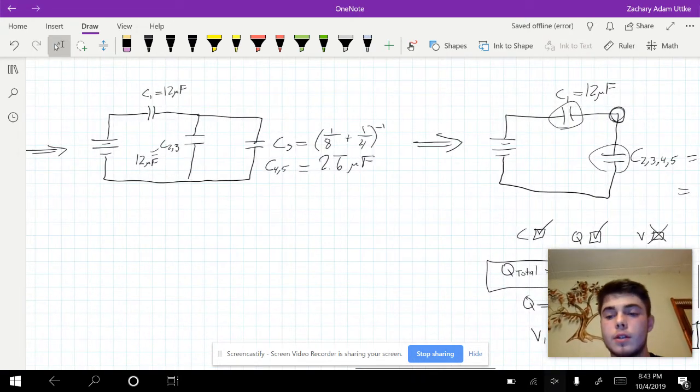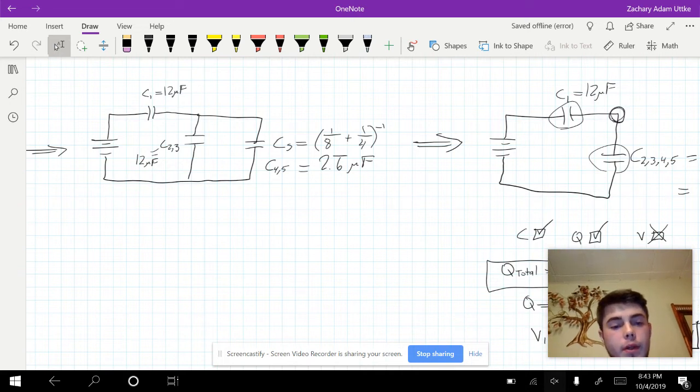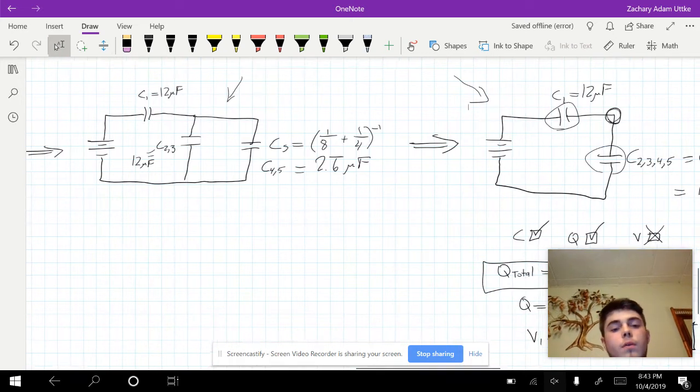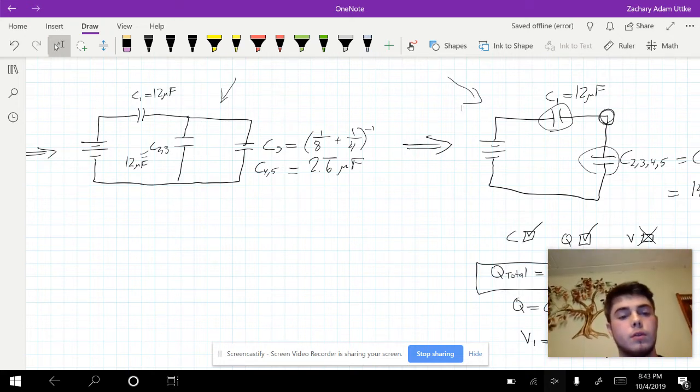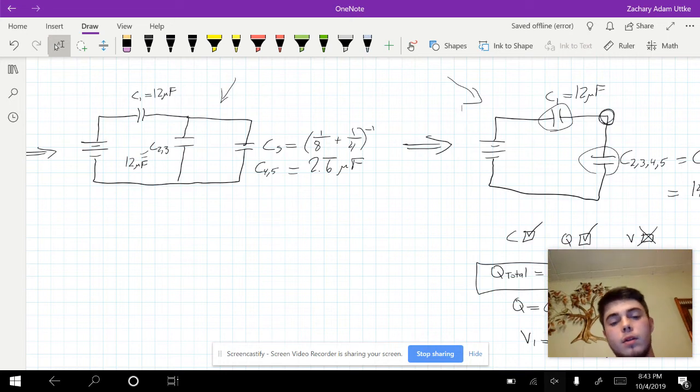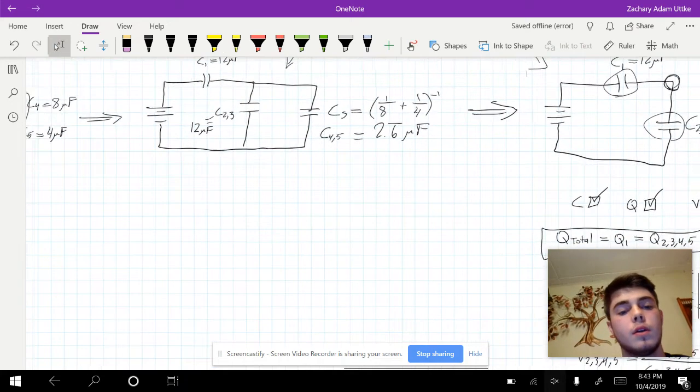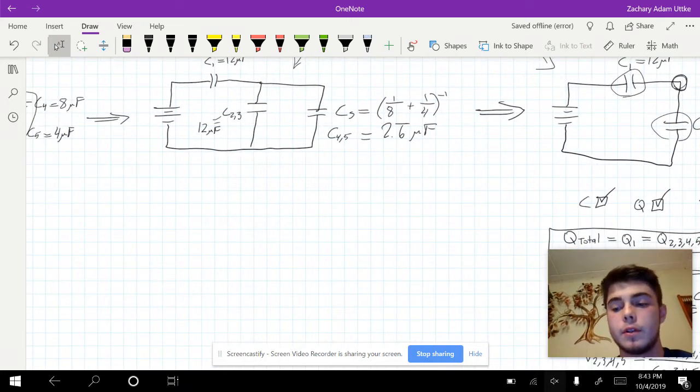Now, you have to ask yourself, what's the difference between this circuit here and this circuit here? So we can see that the difference is that the capacitor C2345 was split into C23, which is parallel to C4, 5. So now that those two are parallel, we know that they have the same voltage from our rule.